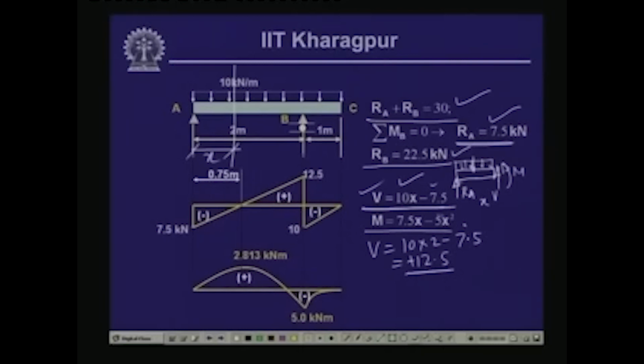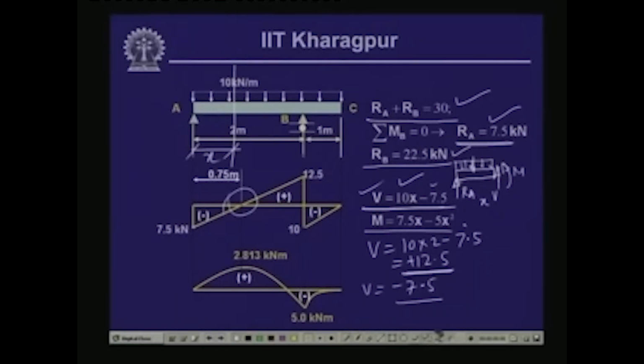You noted that when x equals 0, V equals minus 7.5, and at x equals 2, V equals plus 12.5. So it varies from minus 7.5 to 12.5, and somewhere in between the shear force will be equal to 0.